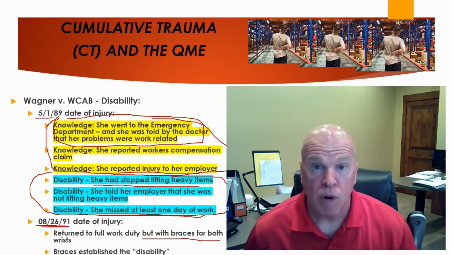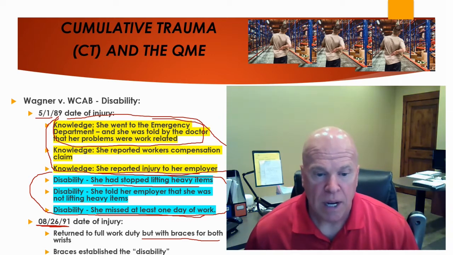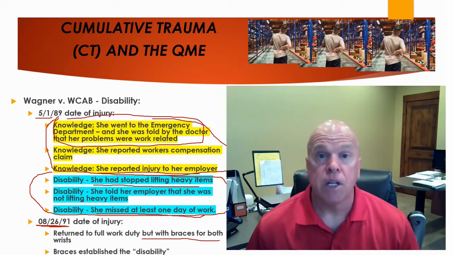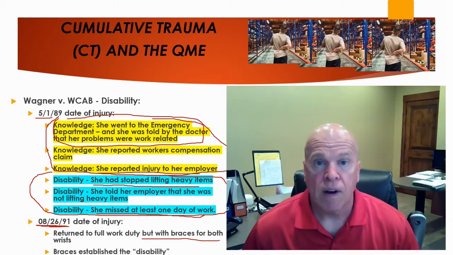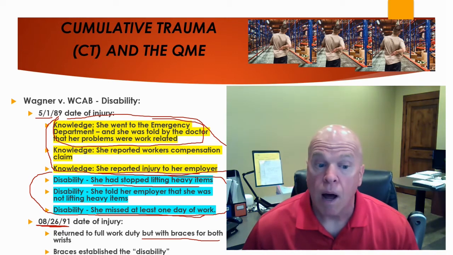So it was the braces, the need for the orthopedic support device, that created the disability, that established the disability sufficient to qualify that date as the date of injury under Labor Code 5412.